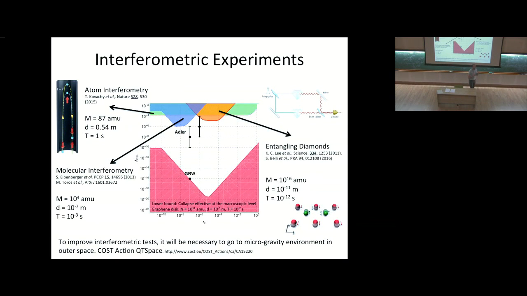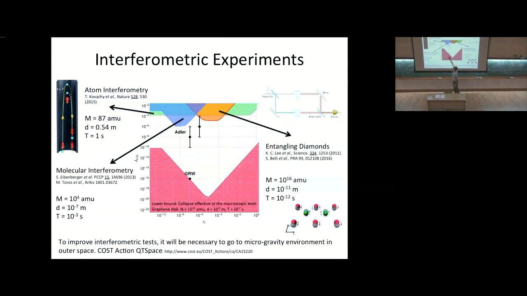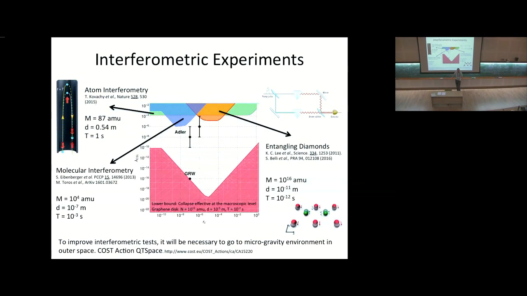It's too weak. The cat still lives in a superposition, and collapse models lose their meaning. So you can exclude this zone. This zone comes if you take the smallest object that you see with your naked eye, and you ask collapse models to collapse it fast enough, then the parameters cannot be here. So this is the lower bound.